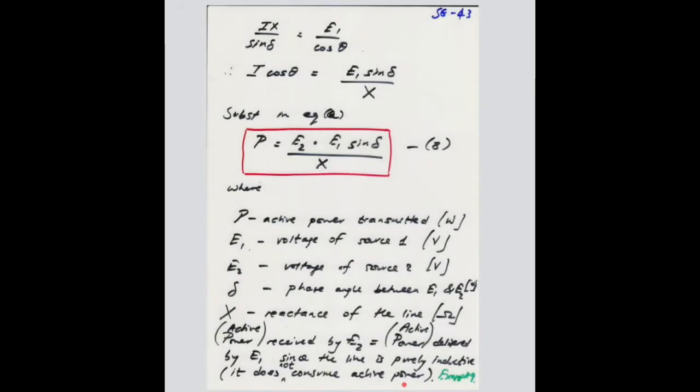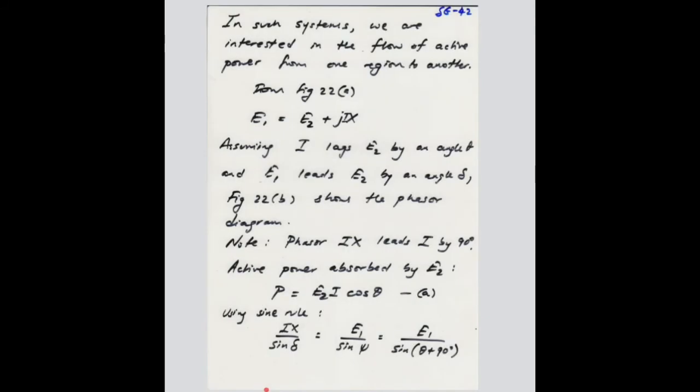Now going back to solving this equation, I times X over sine delta is equal to E1 over cos theta, and we can write I cos theta to be equal to E1 sine delta over X, right? And we can substitute this back into equation A we saw earlier.